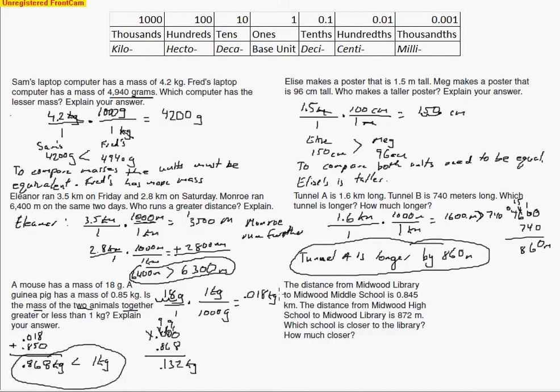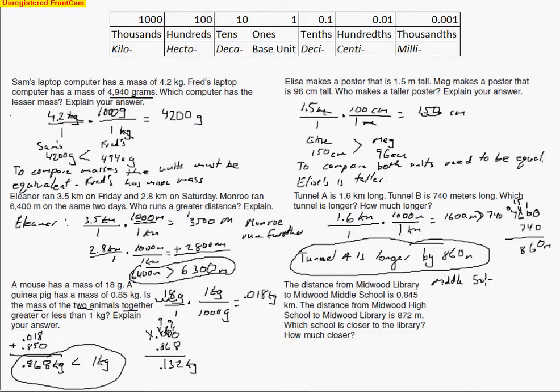Next one, it says the distance from Midwood Library to Midwood Middle School is 845 thousandths kilometer, and the other one, from Midwood High School to Midwood Library, is 872 meters. Which is closer, and by how much? Well, let's change this one right here, the middle school.